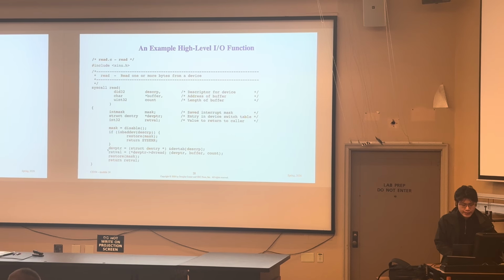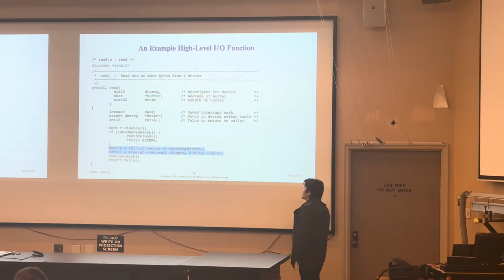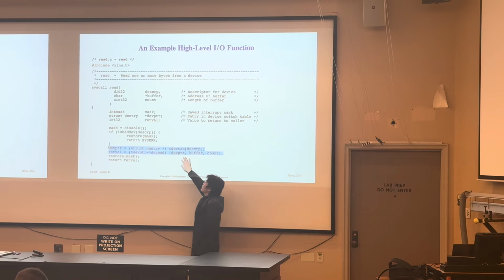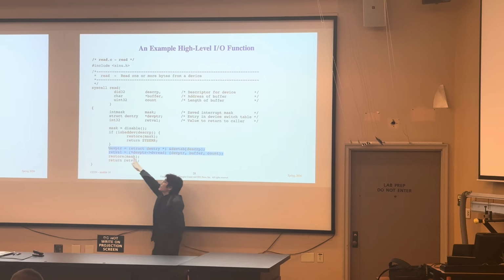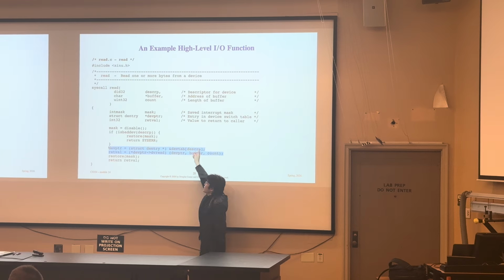Okay, so these two lines are important. These two lines are the core functionality of this read function. Okay, what does this mean? So we call this read. It's a generic function interface, and when you give it a device descriptor, it's going to first use a device switch table to find which device you are really trying to read from. This first line is to get the device that you are really trying to read from.